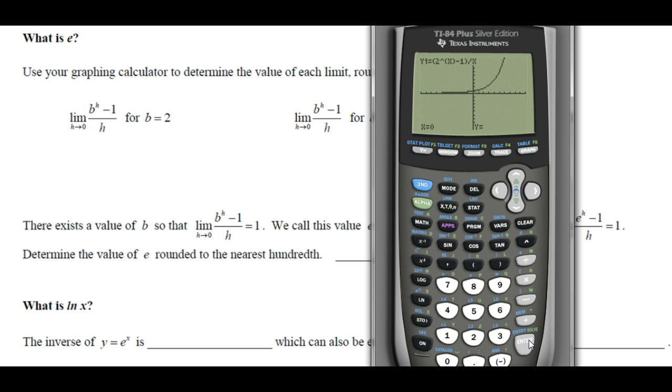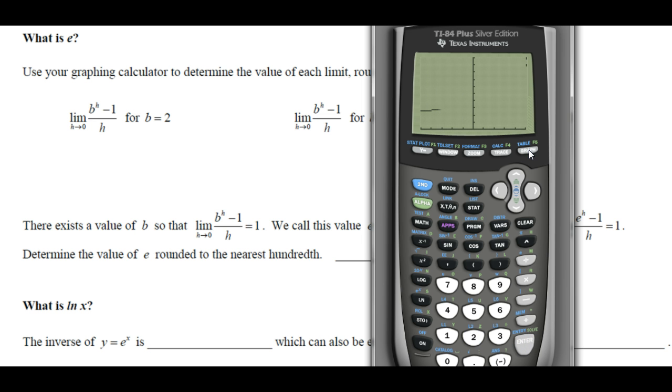So let's adjust our window, and we will use a window of -1 to 1 by 0.2s. This way when we're looking at it, we can say it's 0.2, 0.4, 0.6. And the y values, well, we know we're above, so we can start with a minimum y value of 0. So let's go from 0 to 2, also by 0.2s.